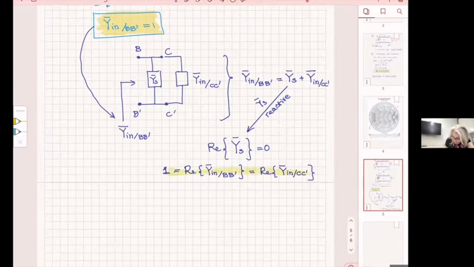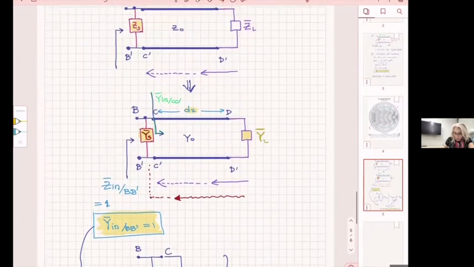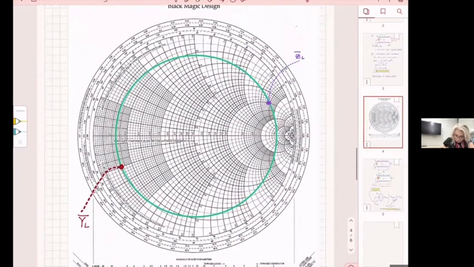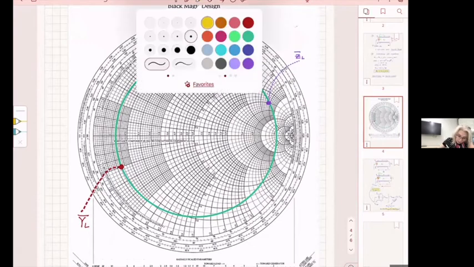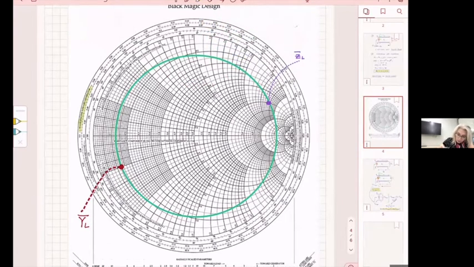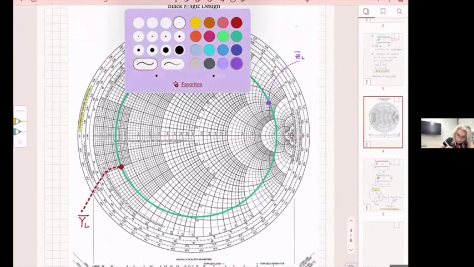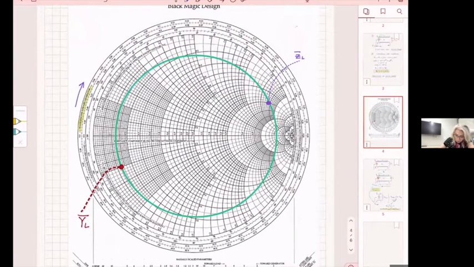So from here it tells us that we have to move on the Smith chart, obviously, along towards the generator, which is this direction. We have to move along that direction from where I am until I find the constant resistance circle that corresponds to 1.